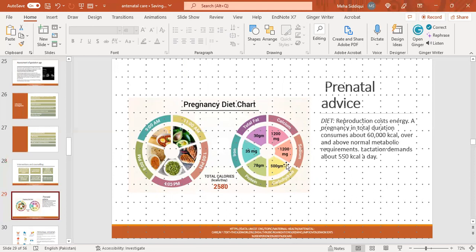And these are the different portions of sodium, carbohydrate, protein, iron, total fats, and calcium. And these are the recommended quantities of these.